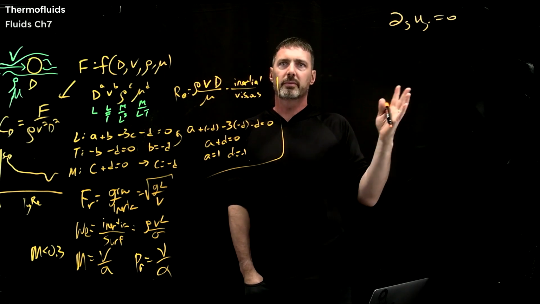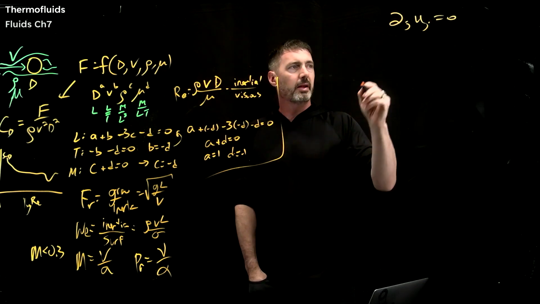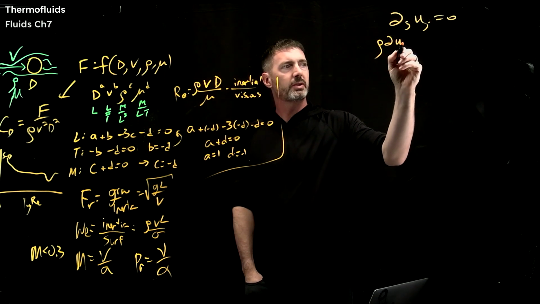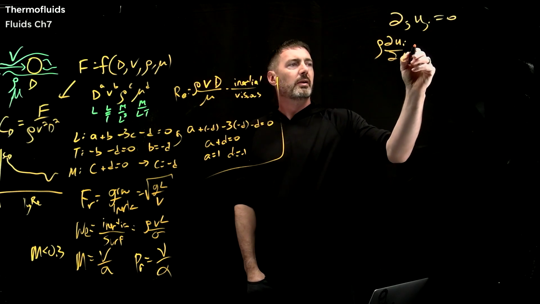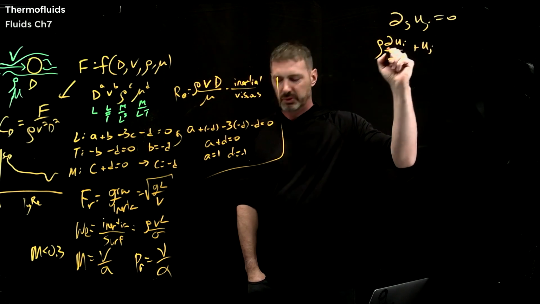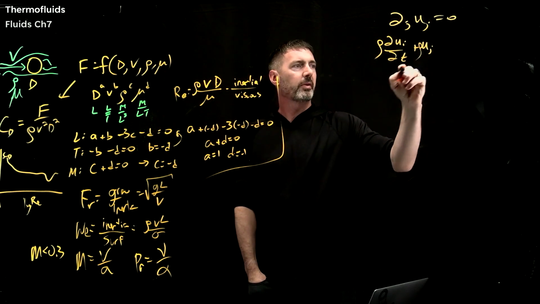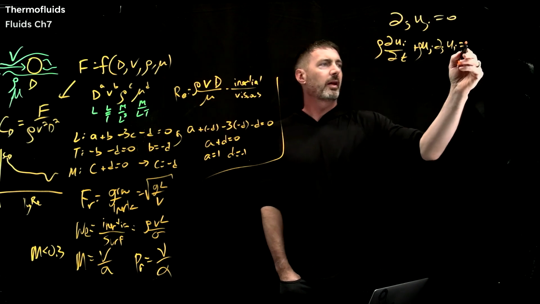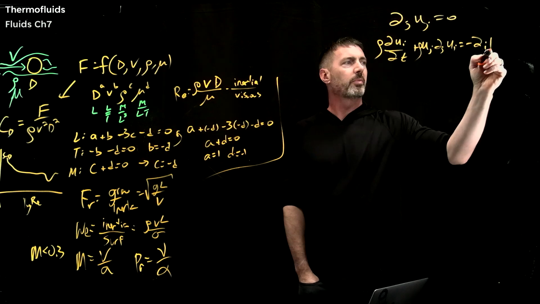That's right, divergence free. And then rho, and then we'll do the time rate of change of U_i, partial t, plus U_j. Of course, the rho has to be in front of that. Rho U_j del_j U_i, and then that's the negative gradient of the pressure.